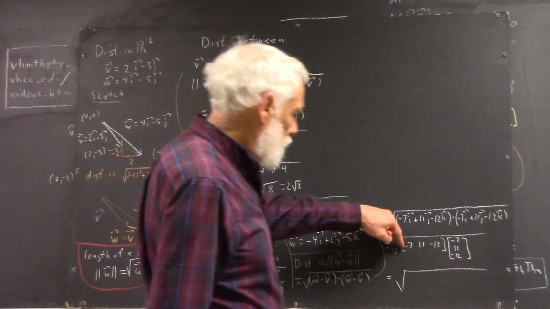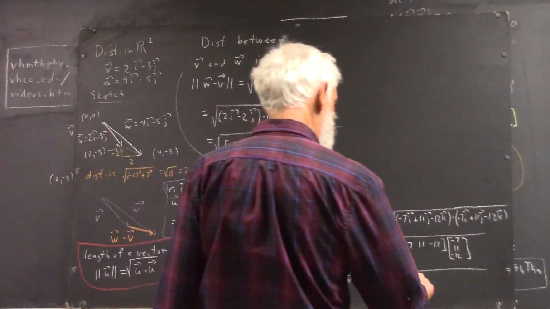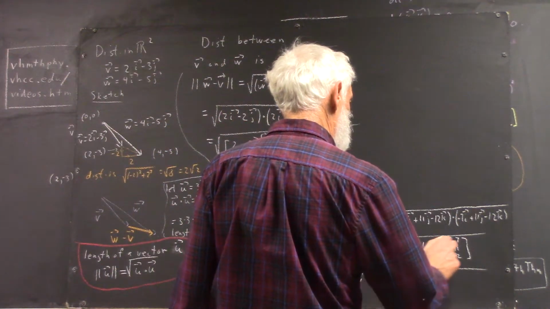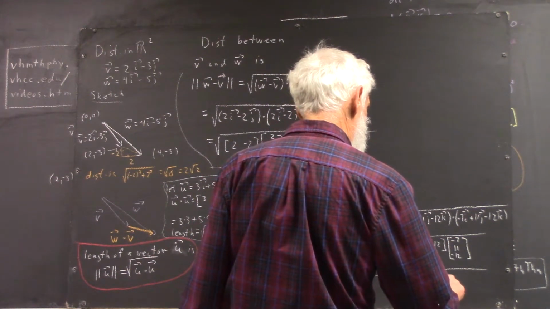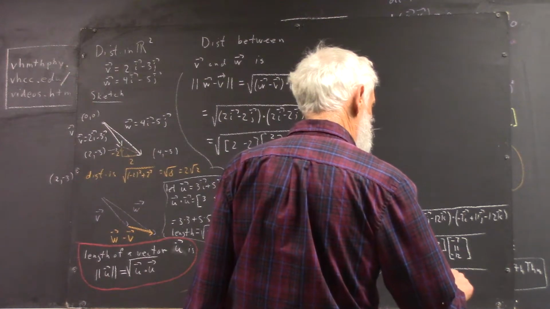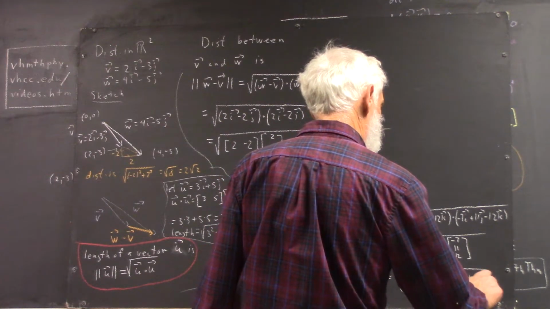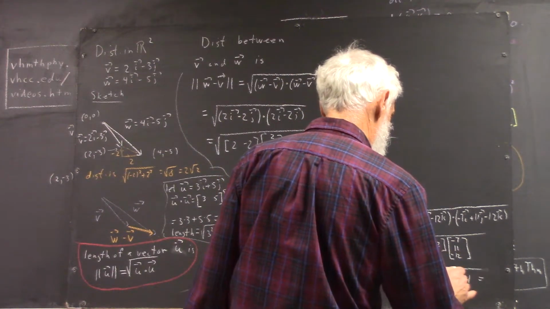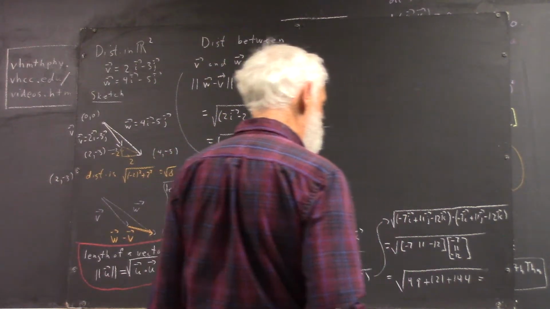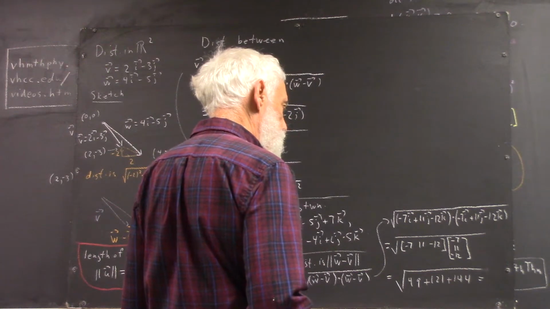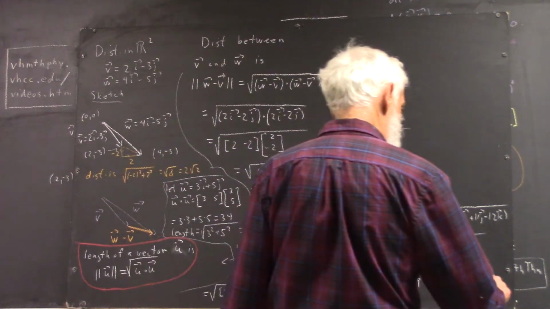Okay, but we have negative 7 times negative 7, which is 49. 11 times 11, which is 121. And 12 times 12, which is 144. And that equals what? Let's see, that's 265, and 49, and I've got to be careful, is 314.